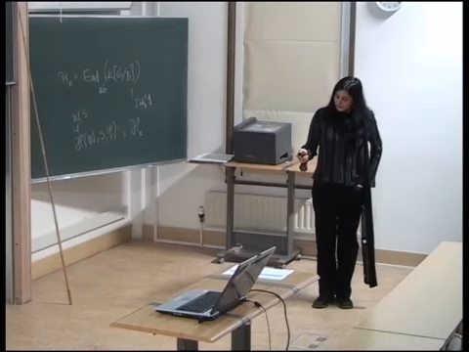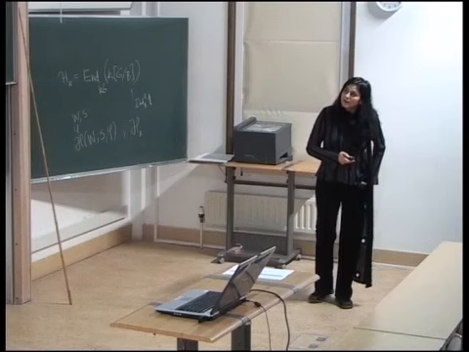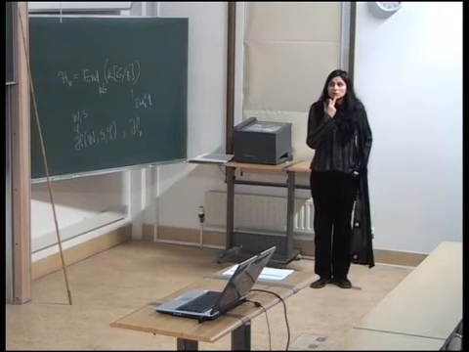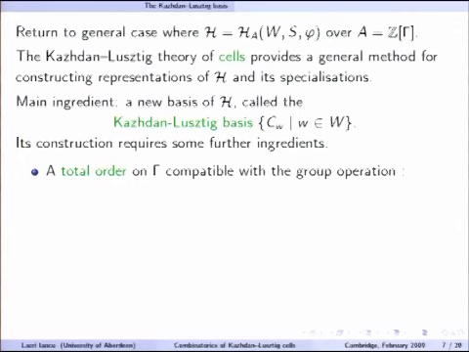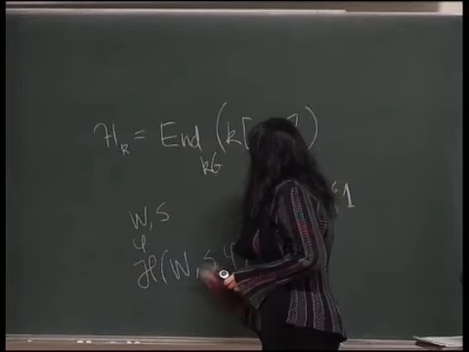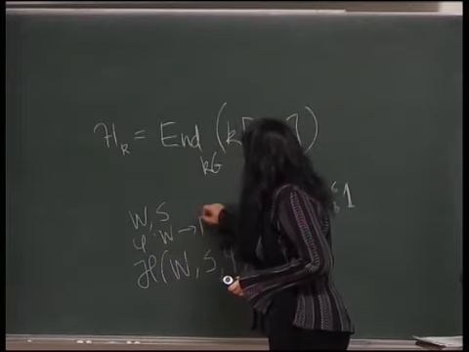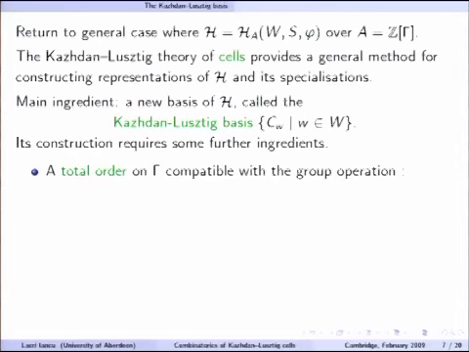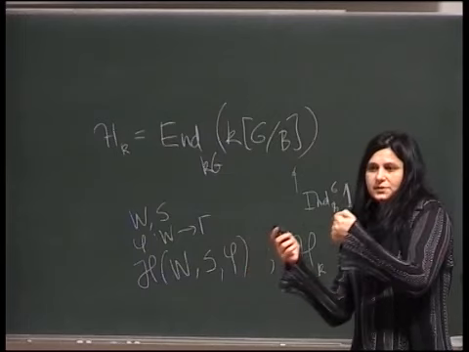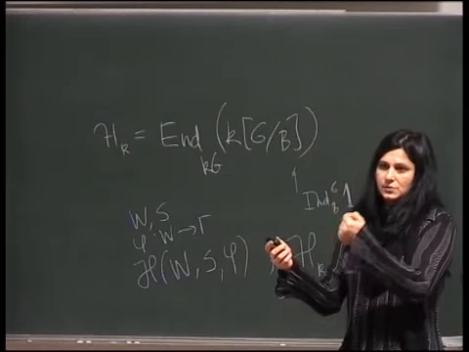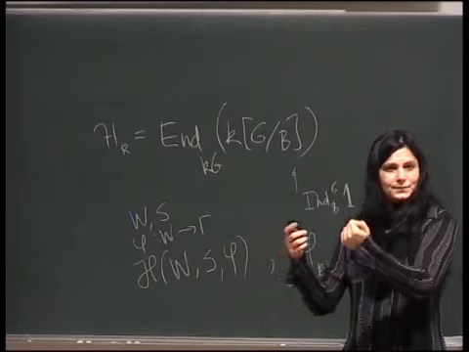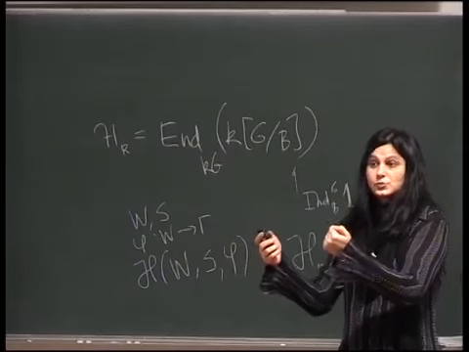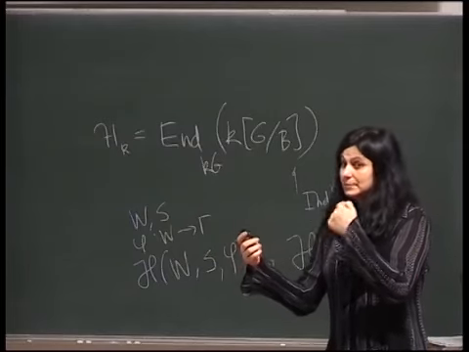It comes at a further price. We still need two more things. What we need is a total order on gamma. Remember, gamma was the abelian group where the parameters live. We want it to be compatible with the group operation, so that we are able to compare the parameters of the Hecke algebra, look at them and say one is bigger than the other, and not only those, but any power of them.